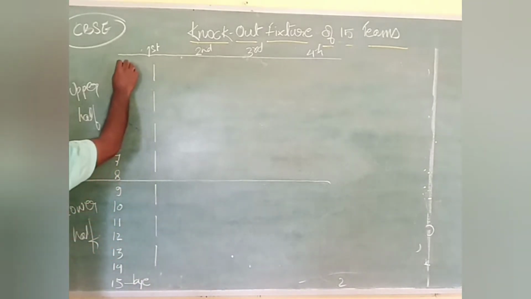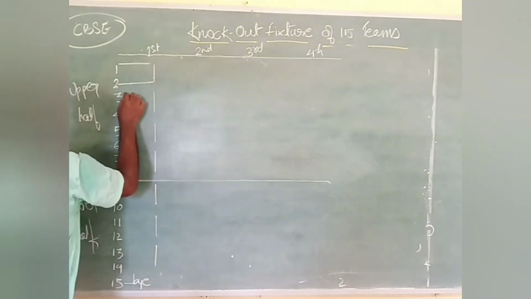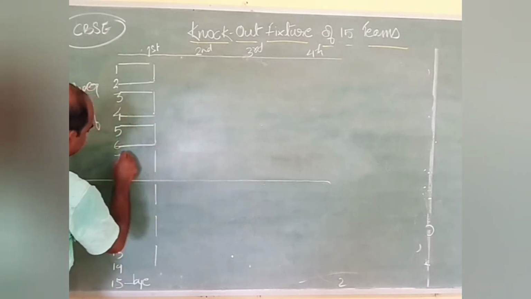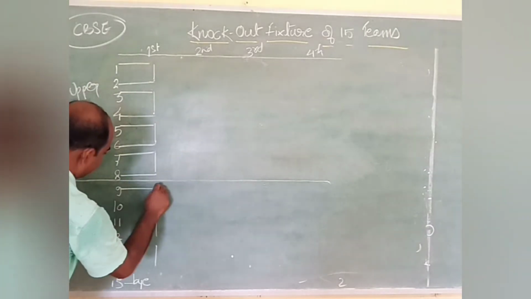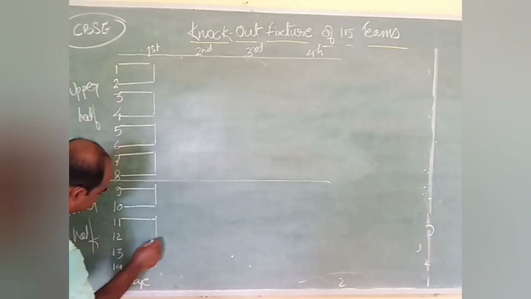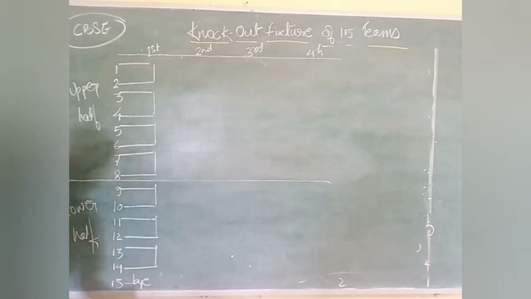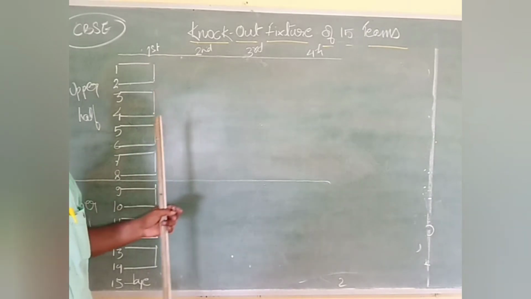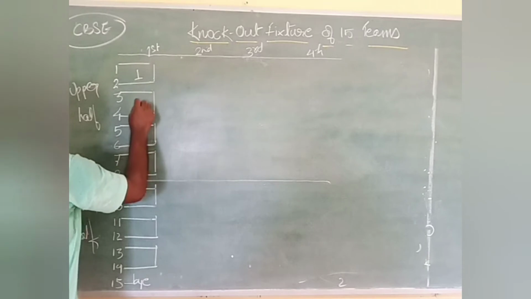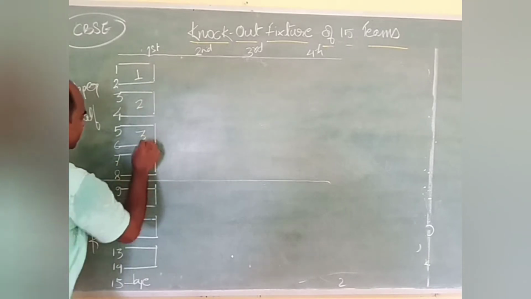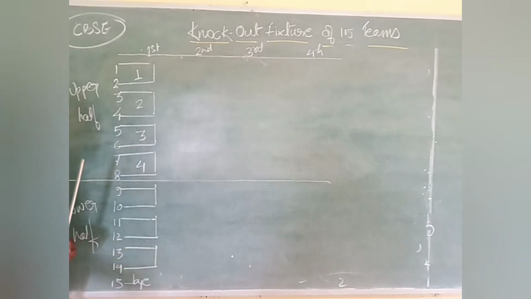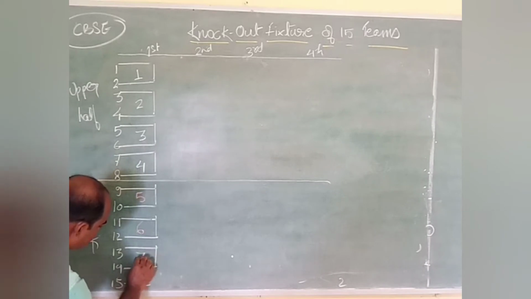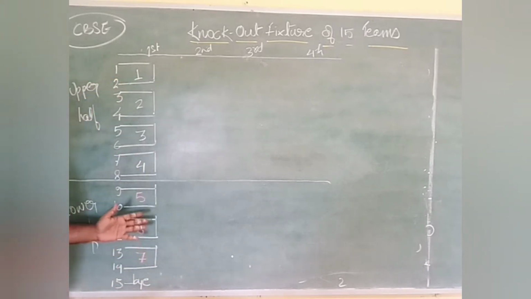Here in the first round 1 and 2 are playing, 3 and 4, 5 and 6, 7 and 8, 9 and 10, 11 and 12, 13 and 14. You must write down the sequence of match numbers: 1, 2, 3, 4, 5, 6, 7. So 7 matches are played in the first round.